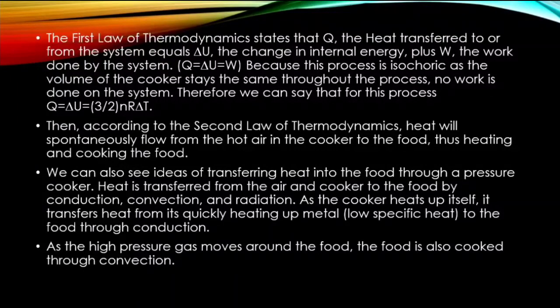We can also see the ideas of transferring heat into the food through a pressure cooker. Heat is transferred from the air and cooker to the food by conduction, convection, and radiation. As the cooker heats up itself, it transfers heat from it, quickly heating up the metal, which has low specific heat, to the food through conduction.